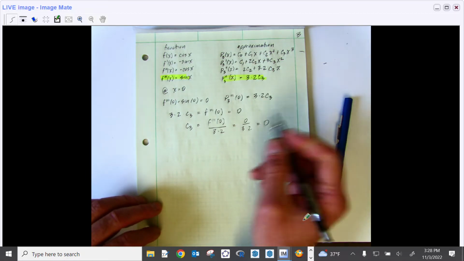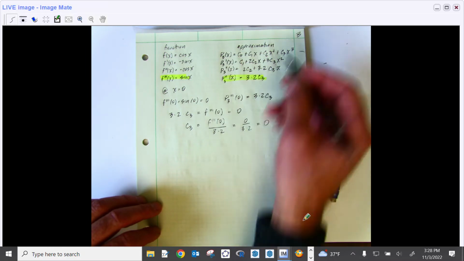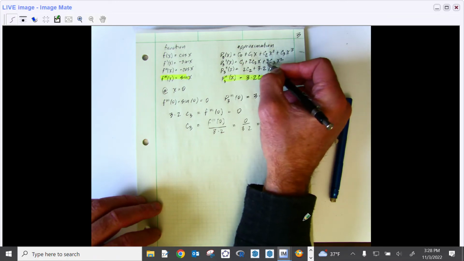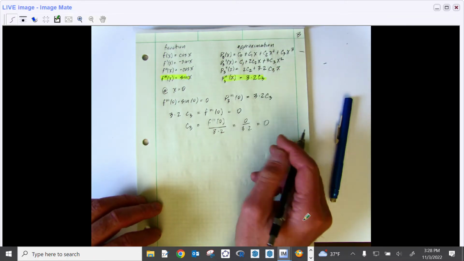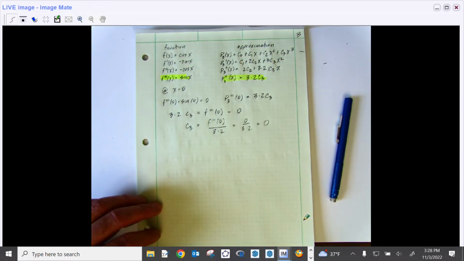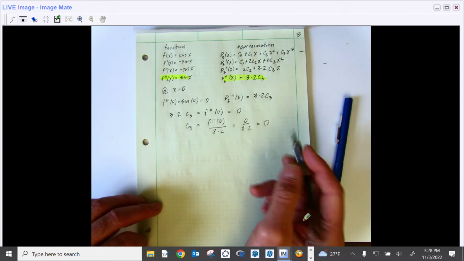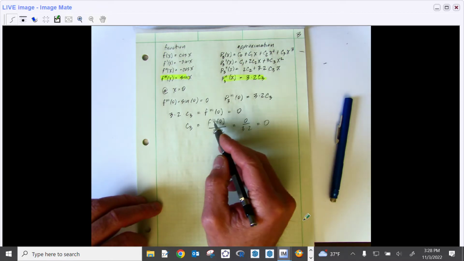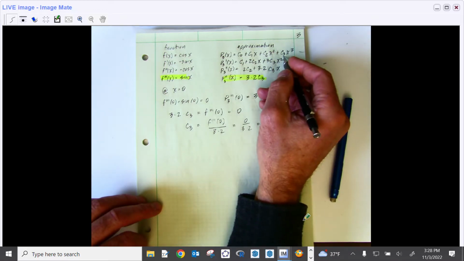But more importantly, what it shows you is that generally what's happening is that the power comes down incrementally. It comes down first as a 3 and then as a 2. So in this denominator you're just going to have a sequence of integers that agrees with the term's subscripts.